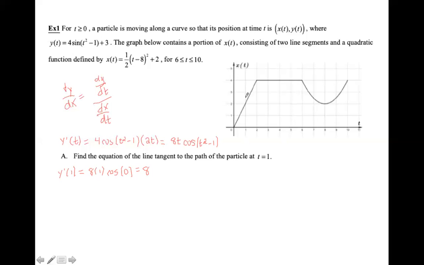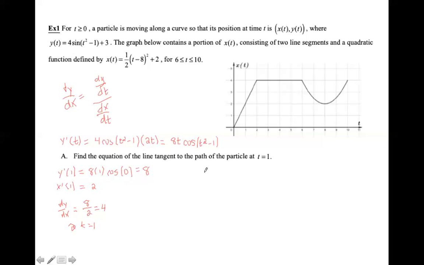At 1, we're just getting it right from the graph. It looks like our slope is 2 over 1, so x prime of 1 is 2. So that gets us our slope: dy/dx is dy/dt, which we found was 8, over dx/dt, which is 2, so our slope is 4 at t equals 1.